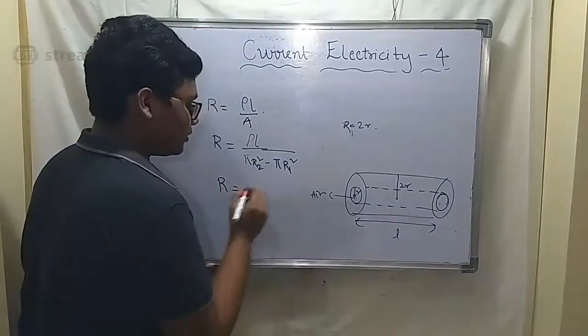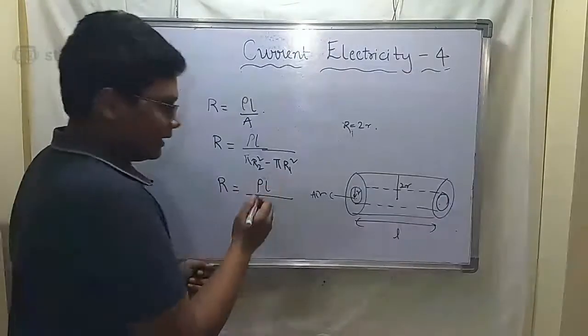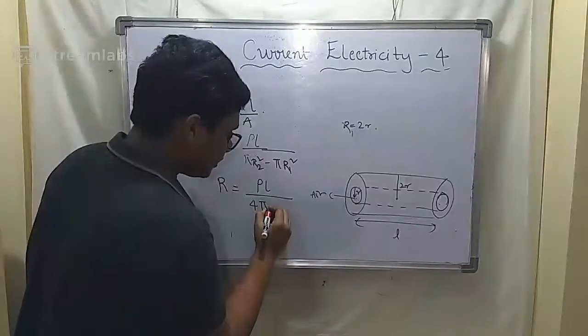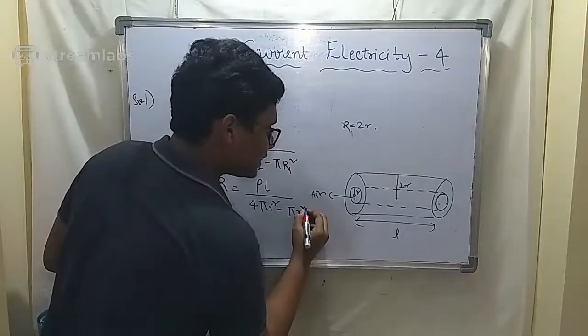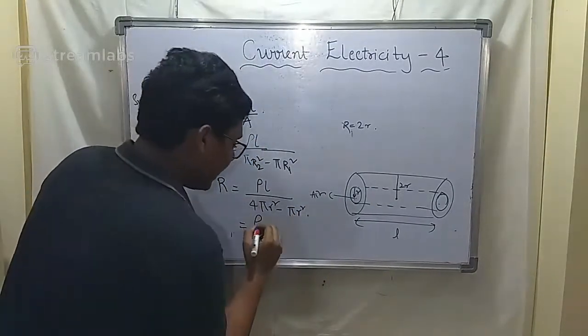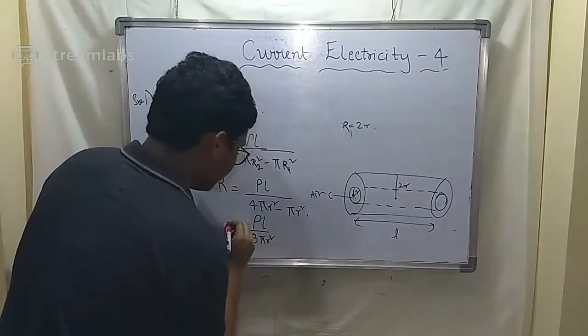So here R is equal to rho L by, we get 4 pi r square minus pi r square, and the answer is rho L by 3 pi r square.